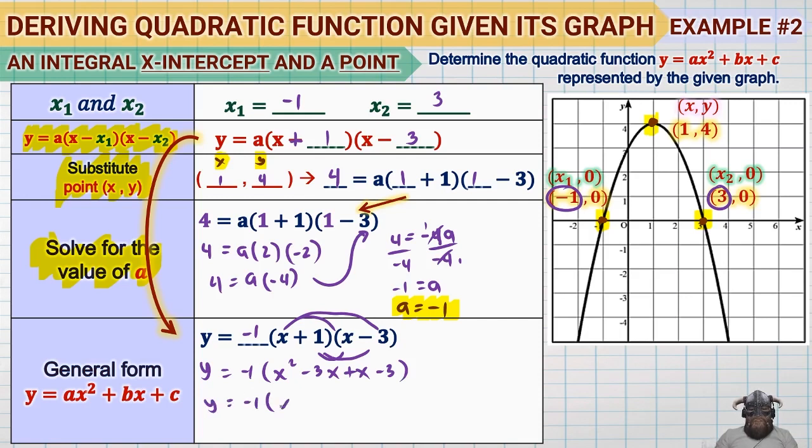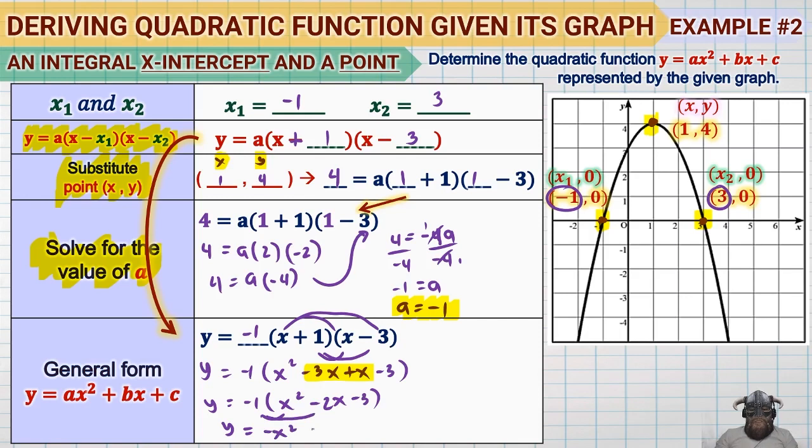So, simplify na muna natin yung nandun sa loob. Negative 1, copy ulit natin, x squared, negative 3x times plus x pala. So, magiging negative 2x siya. Then, copy negative 3. Right now, we can distribute this negative 1 to get the final equation. We have negative 1 times x squared. We have negative x squared.